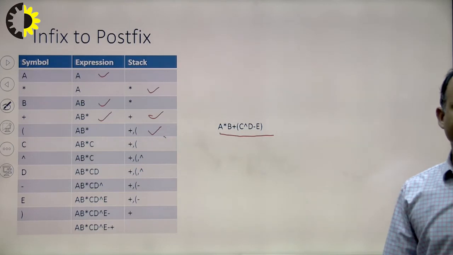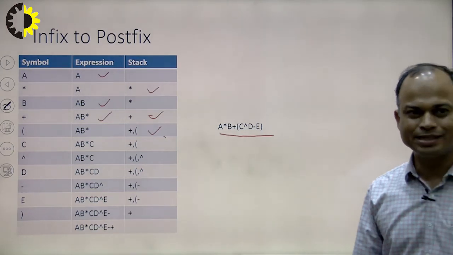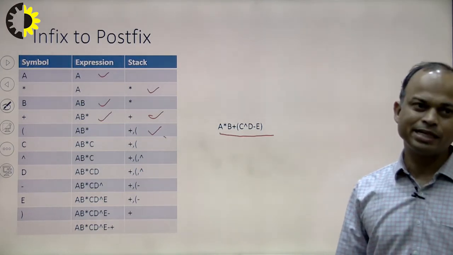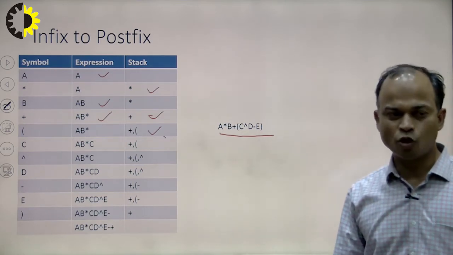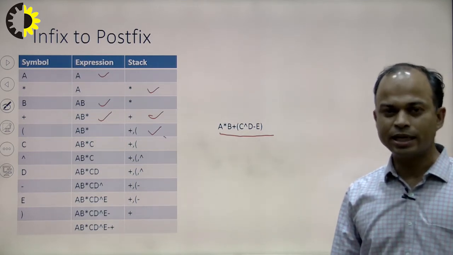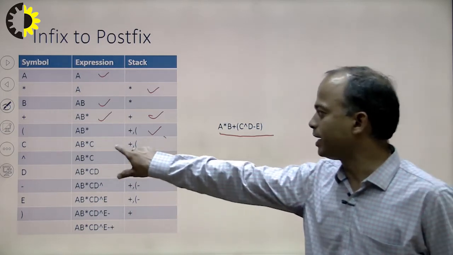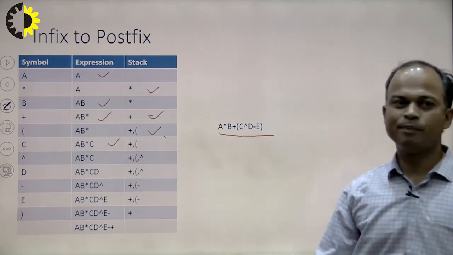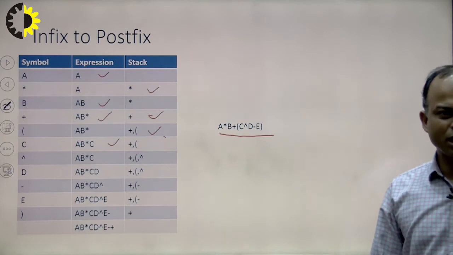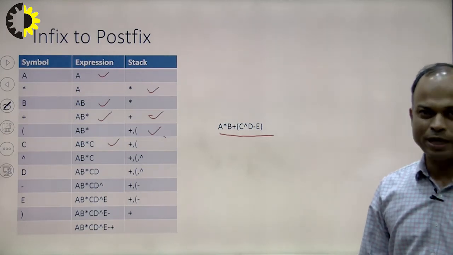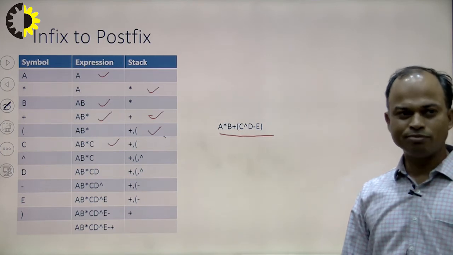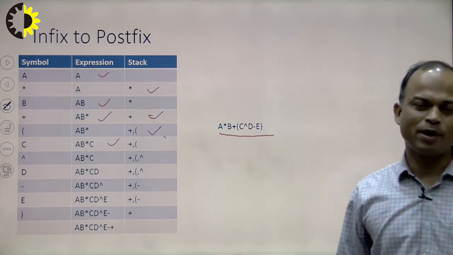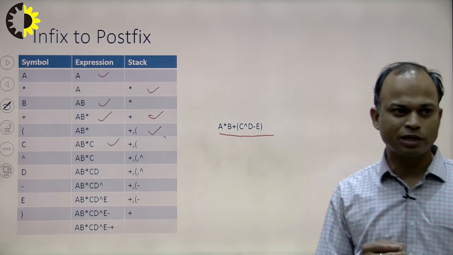After the open parenthesis, our next character is C, and this C is an operand. Therefore, we have to append this C into the expression. Now our expression is AB multiply C. After C, we have the power operator, and this is an operator, and the power operator is pushed onto the stack.